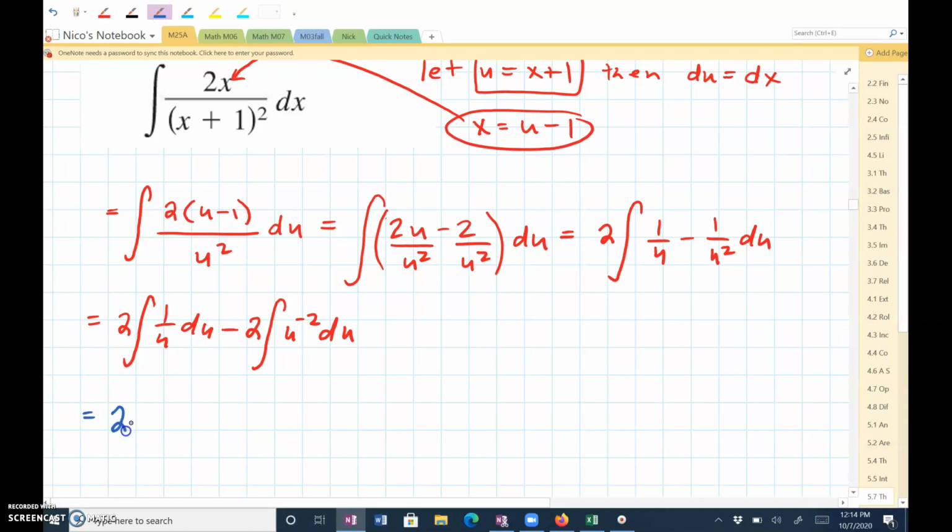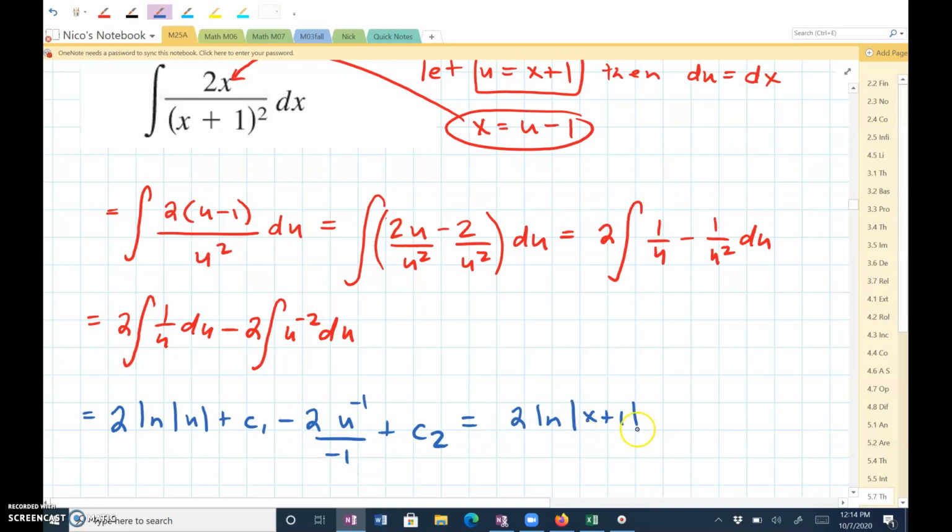So this will be 2 times the natural log of the absolute value of u plus c sub 1 minus 2 times, this one would be u to the negative first divided by negative 1 plus c sub 2, where this would be 2 times the natural log of u, which is x plus 1.